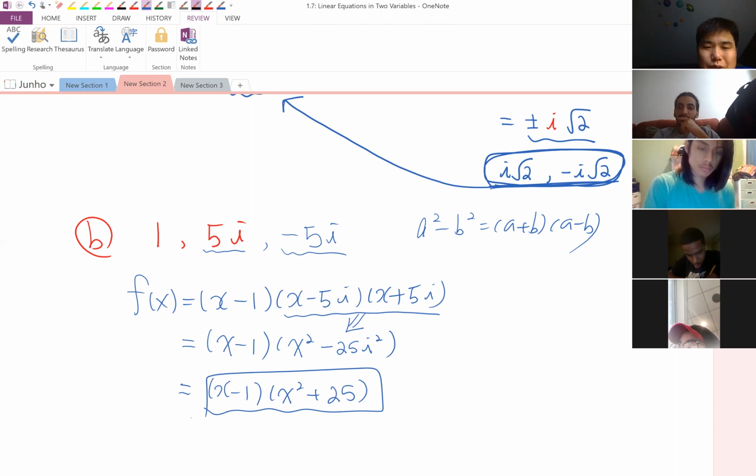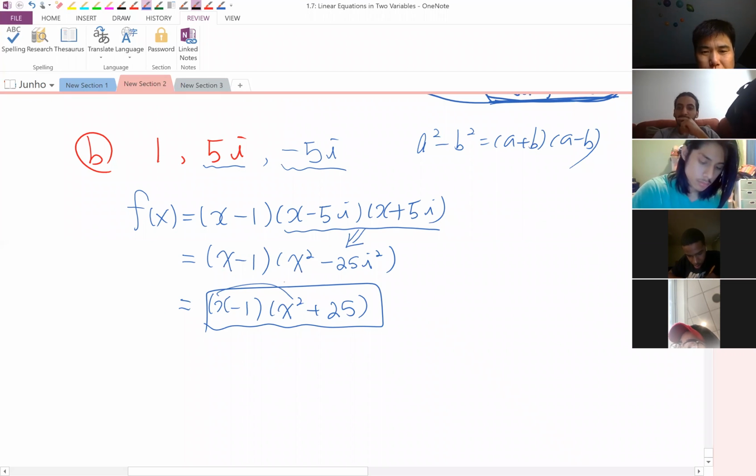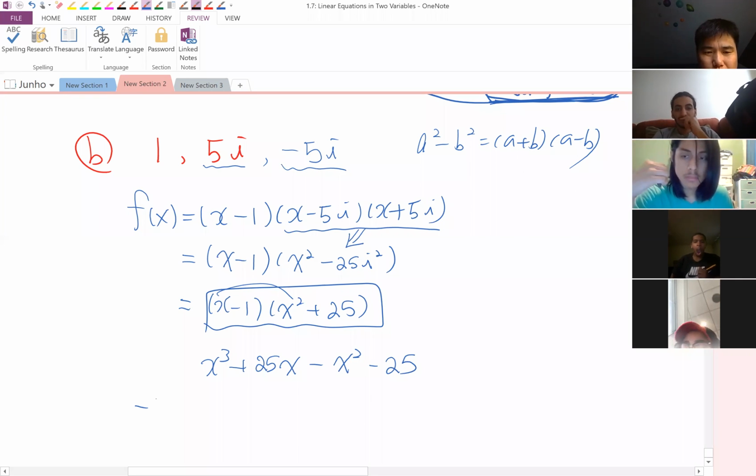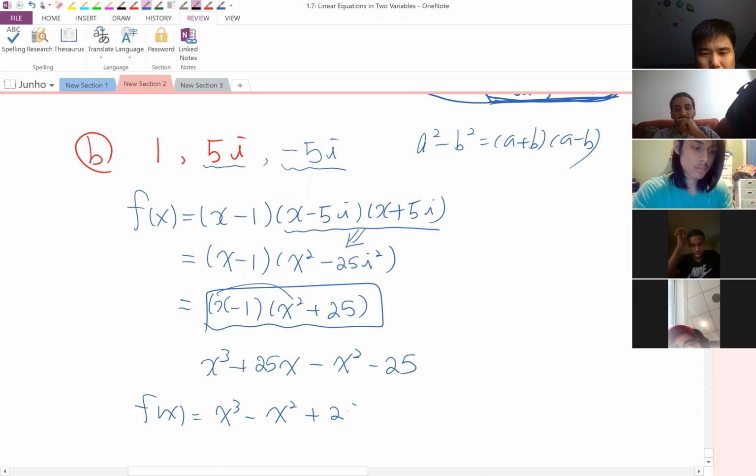Or you can expand it because it shows like that. So let's expand it: it becomes x cubed minus x squared plus 25x minus 25. That will be final.